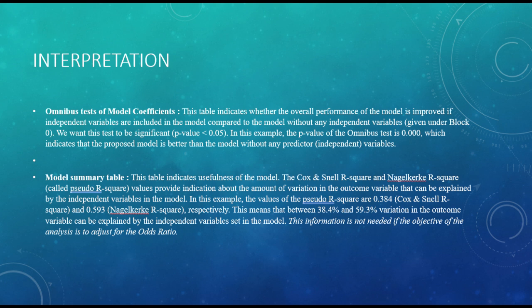In this example, the values of the pseudo R-square are 0.384, Cox and Snell R-square, and 0.593, Nagelkerke R-square, respectively. This means that between 38.4% and 59.3% variation in the outcome variable can be explained by the independent variables set in the model. This information is not needed if the objective of the analysis is to adjust for the odds ratio.